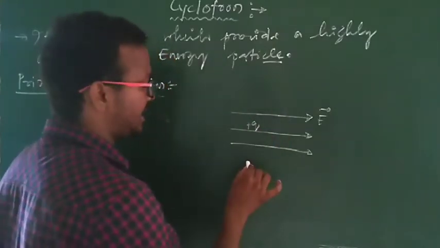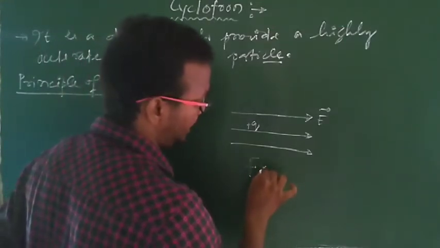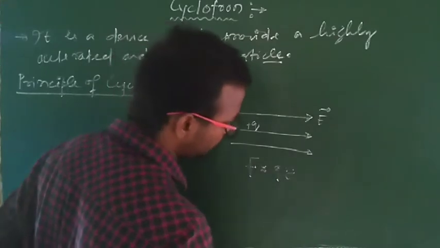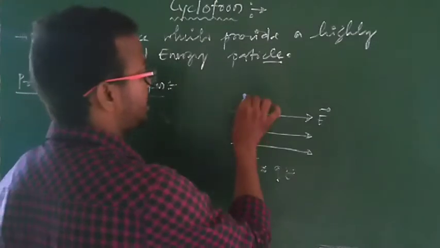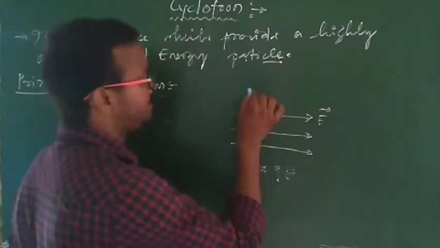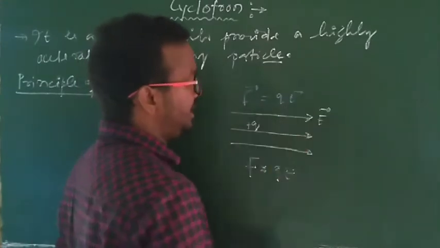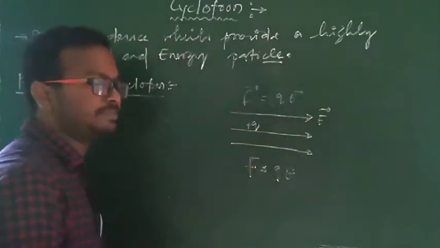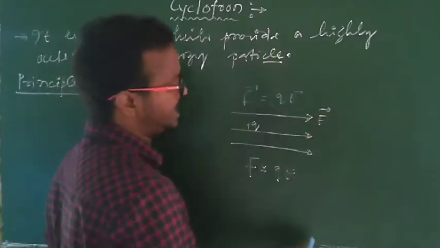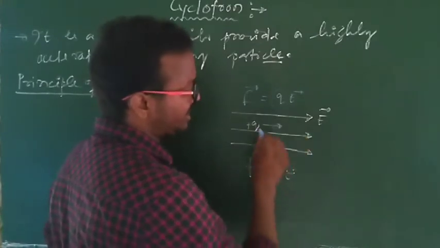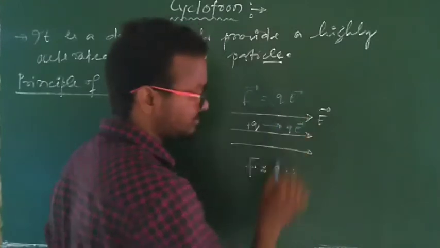That force is known as electrostatic force, and it can be written as F equal to Q into E. If this Q is a positive charge, then the direction of the electrostatic force is along the direction of the electric field. That means this charged particle experiences a force in this direction, and that force is Q into E.